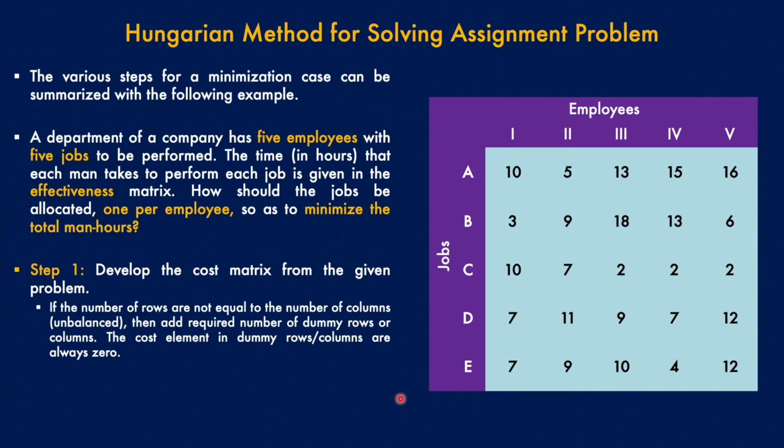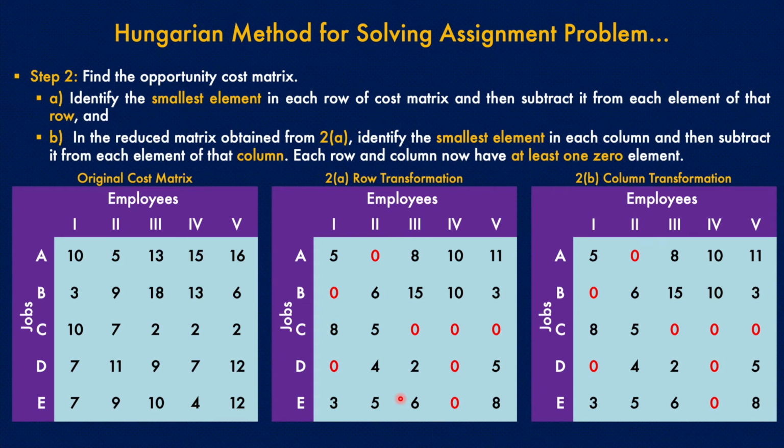After this, we will find the opportunity cost matrix. So this is the original given cost matrix. From this, we will find the opportunity cost matrix by 2 transformations: initially a row transformation, followed by a column transformation if required.